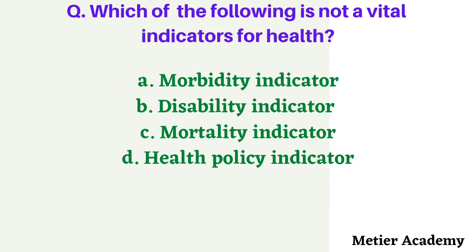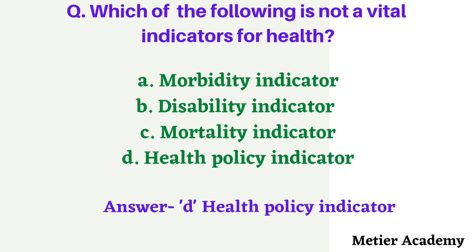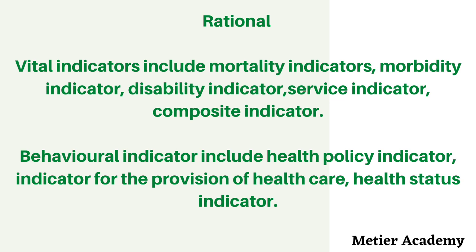The next one is, which of the following is not a vital indicator for health? Morbidity indicator, disability indicator, mortality indicator, health policy indicator. And here the correct answer is option D, health policy indicator. First, we should know the rationale about vital indicator and behavioral indicator.